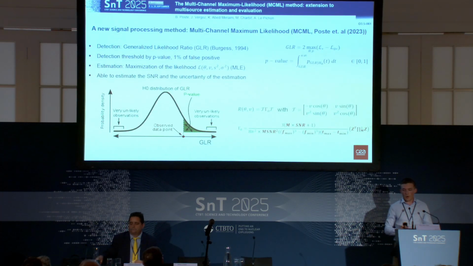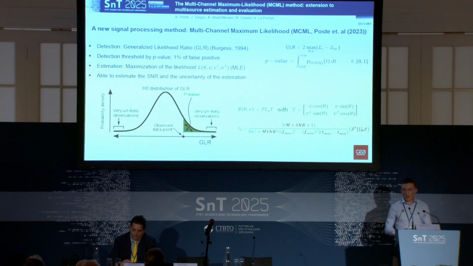This is a key point because it's a statistical threshold, whereas for PMCC with the consistency, we have an experimental threshold based on the experience of the analysis. Then for the estimation, we maximize the likelihood of the maximum likelihood estimator. So we have theta, v, the azimuth and the velocity, the signal power, and the noise power.